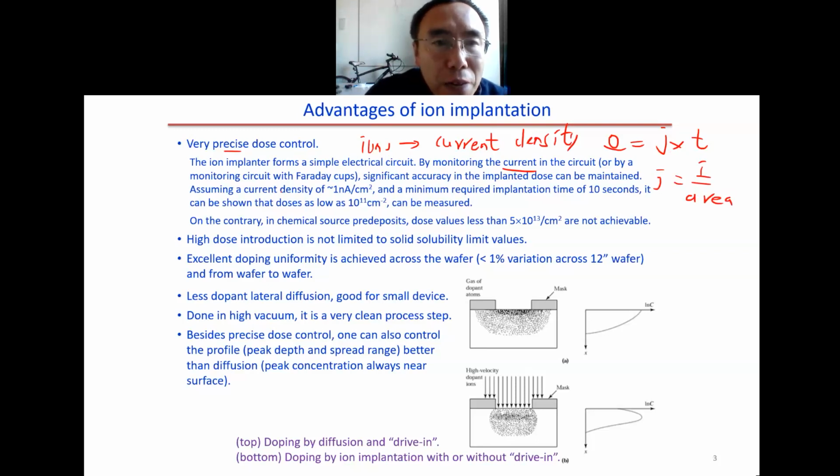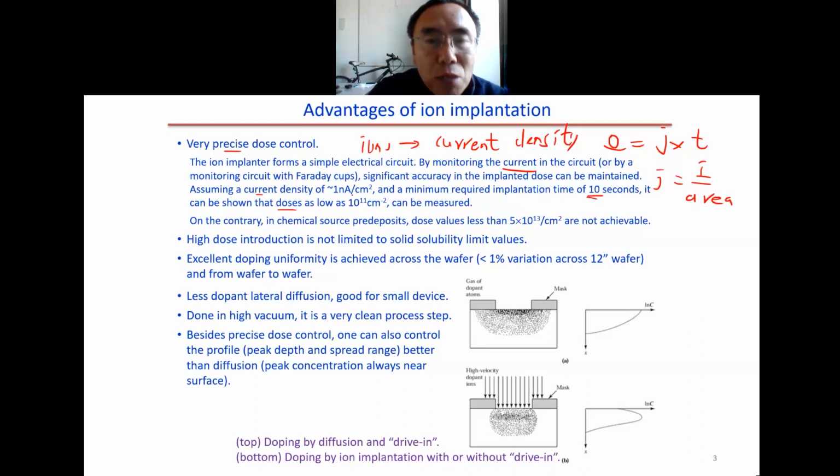Secondly, if we have a low current density of 1 nanoampere per square centimeter, then with the minimum required time of 10 seconds, the dose can be as low as 10 to the power 11 per square centimeter.